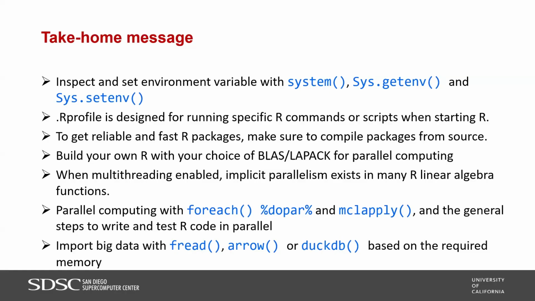On HPC, it's mostly linked against the Intel MKL. And when multi-threading is enabled, the implicit parallelism exists in many R linear algebra functions, or the functions on top of those linear algebra functions.